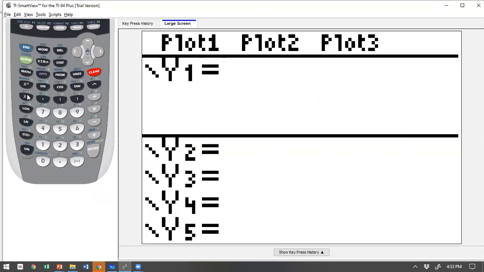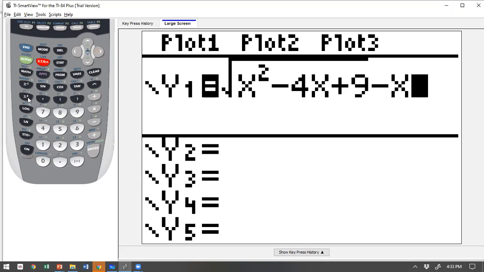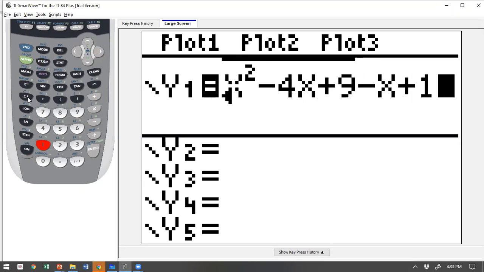So let's start over again. The square root of x squared minus 4x plus 9, and that's going to be minus x plus 1. That's what we're going to end up with, okay?